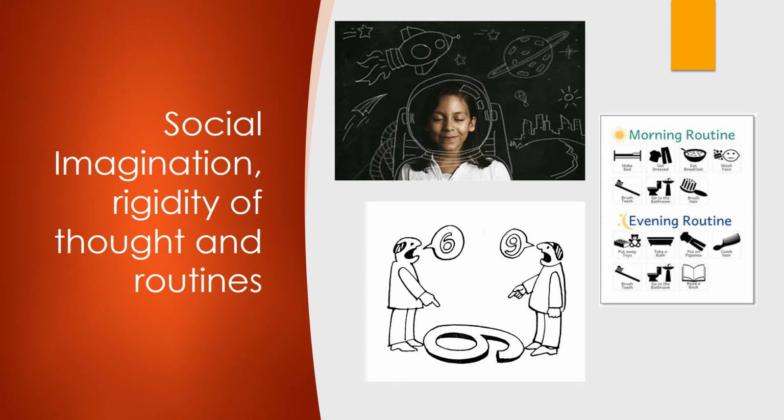Children with ASD often find reassurance in setting up routines and patterns that they can control and prefer predictability to uncertainty.